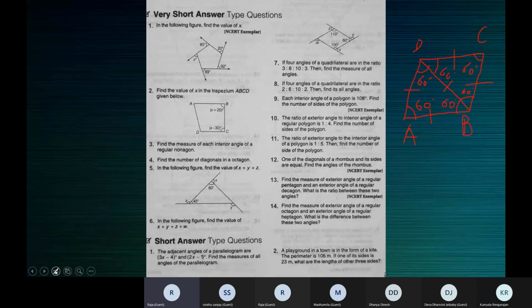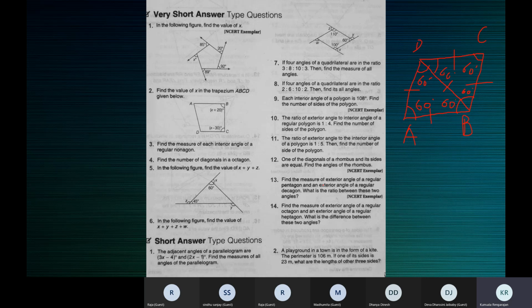Ma'am, sorry ma'am, I went out for some time. Tell me from where I should help you. Ma'am, you asked the angle for A, ma'am. Yeah, what's the measure of angle A, Raja? 60 degrees, ma'am. You understand that the two triangles are equilateral triangles? Yes, ma'am. Now we are talking about the rhombus ABCD.